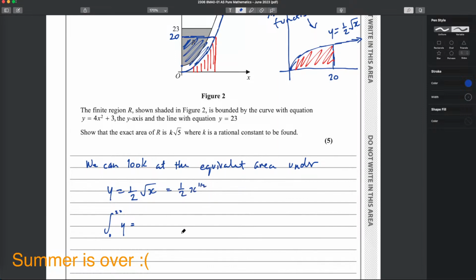I mean, this one's pretty simple. We just reverse. We think about how we would get this if we differentiated another function. What would we have to differentiate to get this? So we reverse the power rule that we use in differentiation. That makes sense? Awesome. I'm glad, Daniel.